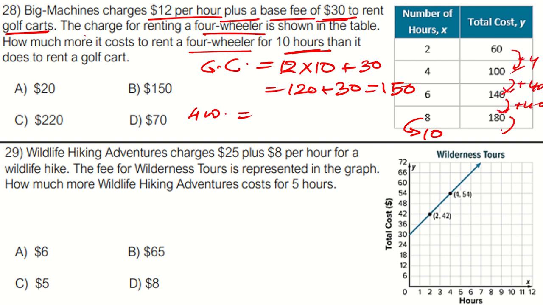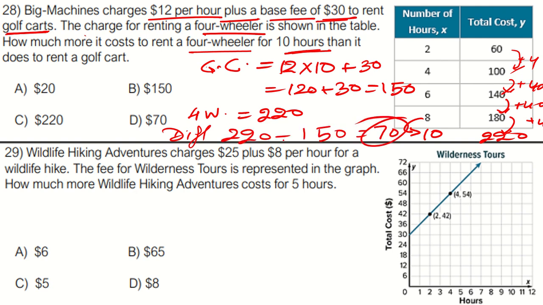So the next number will also be plus 40. So 180 plus 40 will be 220. So the four-wheeler is charging 220. So how much more? The difference is 220 minus 150, that is $70.